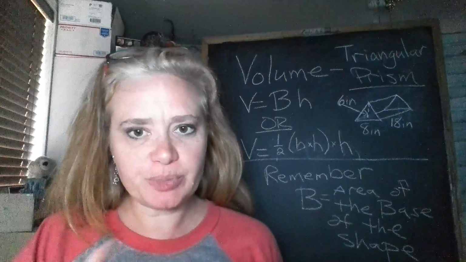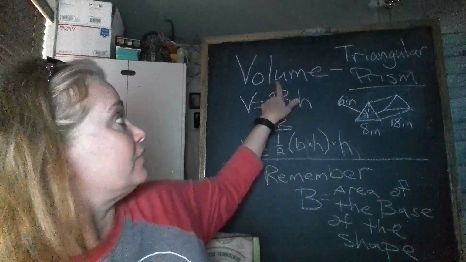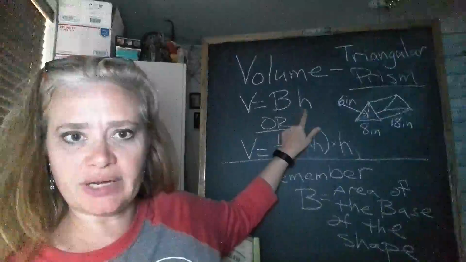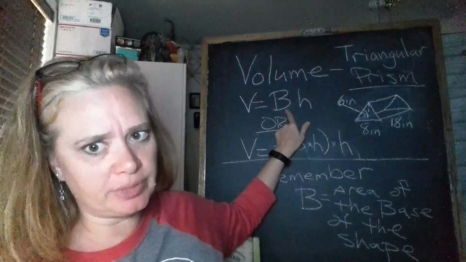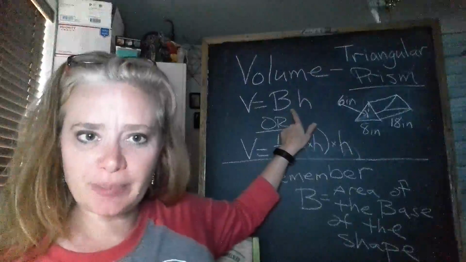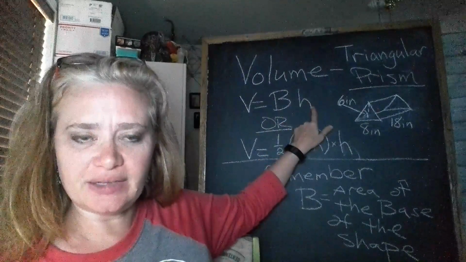But our first practice problem is, first, to remind you, the formula for finding the volume of any prism is still area of base, or capital B. Again, Ms. Reynolds doesn't like big B's, but we can do capital B, the area of the bottom of the shape, times the height.